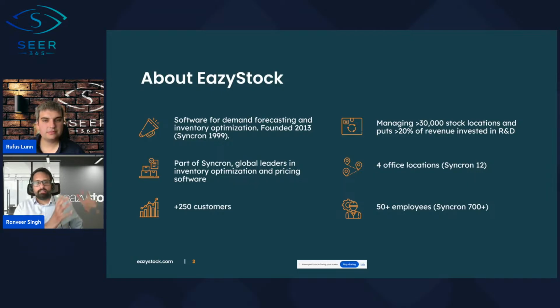The enterprise side operates under the name Synchron, and then EazyStock is the SMB side. We've got a global presence. On the EazyStock side, we focus mainly on UK, North America, Nordics, and parts of Europe. And Synchron is truly global and supports many regions around the world.